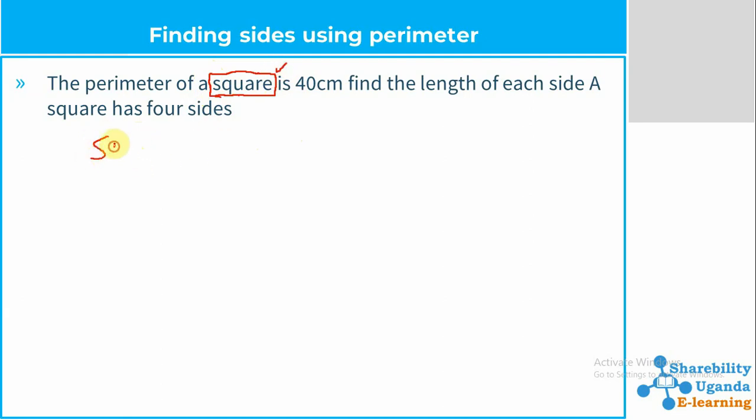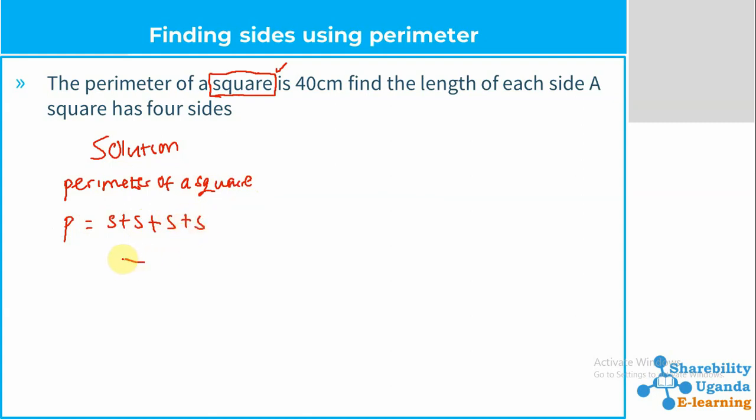Okay, so let me write here, solution. This is going to be parameter of a square. So we know that parameter of a square is equal to side plus side plus side plus side.